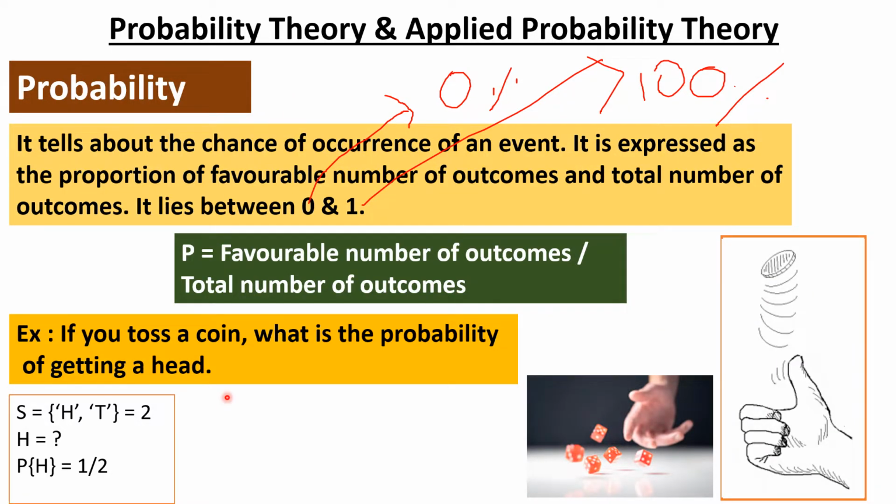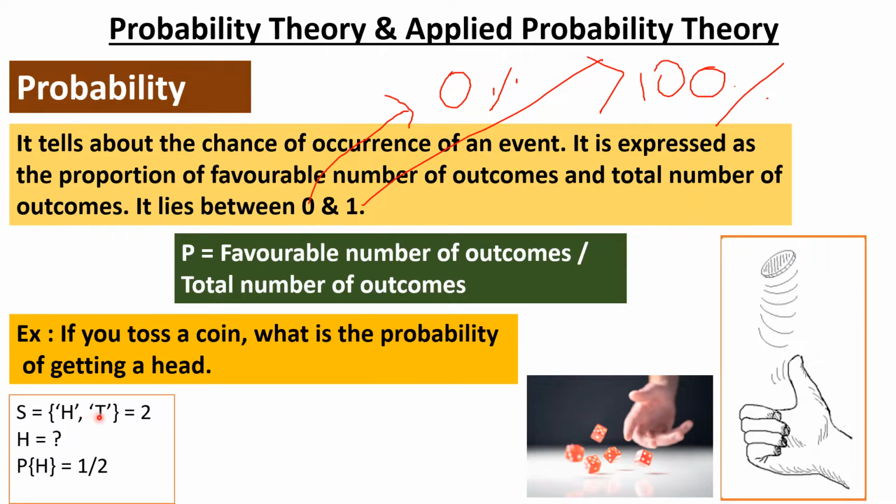Now, in order to calculate the probability of getting a head, we need to use this formula. P is equal to favorable number of outcomes divided by total number of outcomes. Here the favorable number of outcomes is nothing but the output you are expecting. You need to get a head. And the total number of outcomes is 2, head and tail.